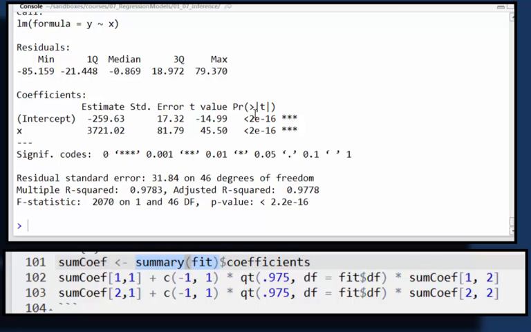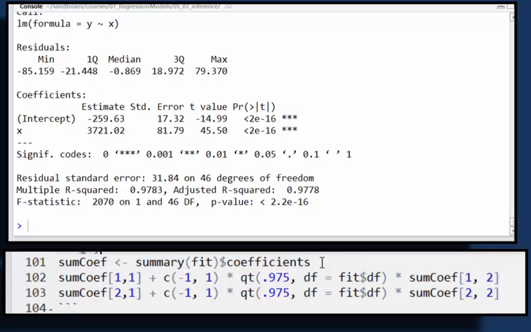These are all for tests of whether or not the intercept is 0 or the slope is 0. Now, of course, a 0 intercept may not be of interest, but almost always a test of a 0 slope is of interest. But it also gives you the residual standard deviation, the degrees of freedom, the R squared, the adjusted R squared, which we'll talk about later on in the class.